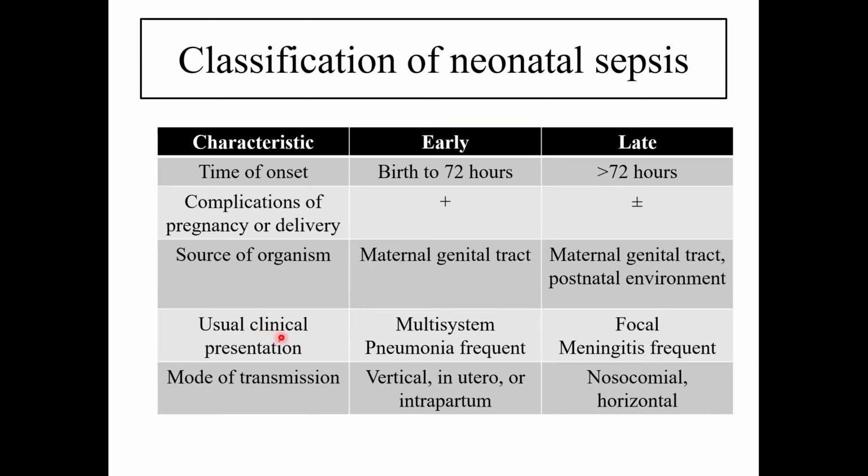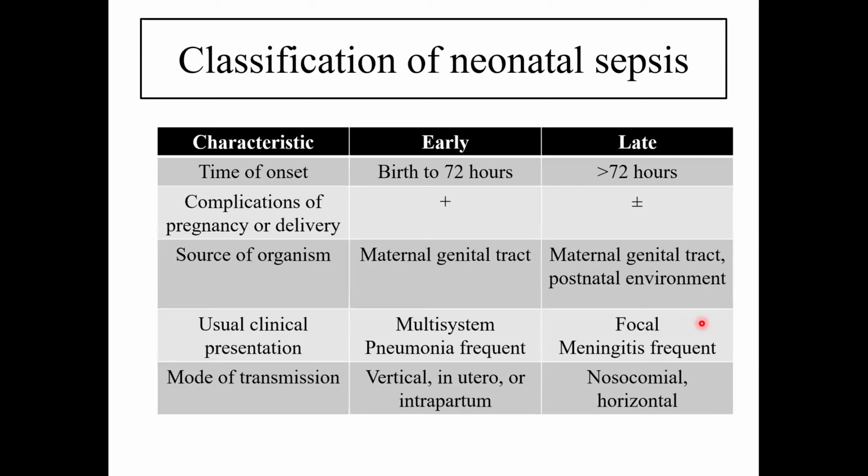So the usual clinical presentation in early onset sepsis is multi-system involvement, right? Baby will have florid signs of sepsis, and pneumonia is very common because the infection is acquired by the baby during the process of delivery. So it is inhalational, so it affects the lungs, right? In late onset sepsis, usually we have a focus.